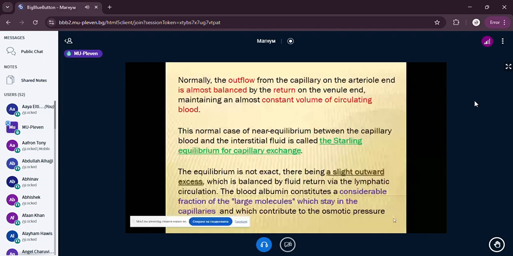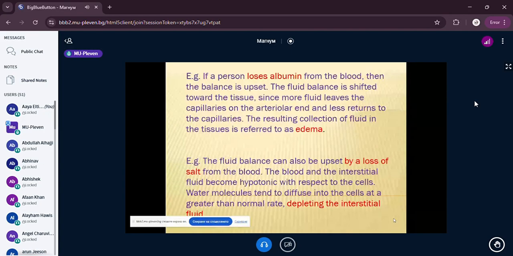So this is Starling equilibrium for the water exchange between blood and the interstitial space. And as I told you, that small difference is compensated via lymphatic circulation.